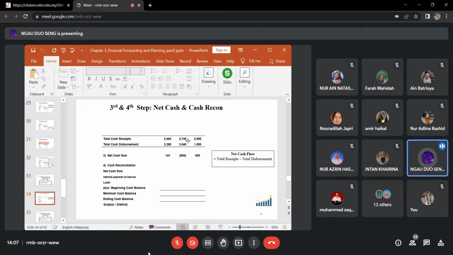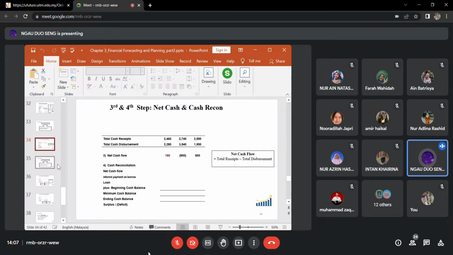And then for March, we have 2,550 minus 1,150. We have positive 600. All right, so the step 3 quite simple lah. Just using total received minus total disbursement. Then we go for step 4.